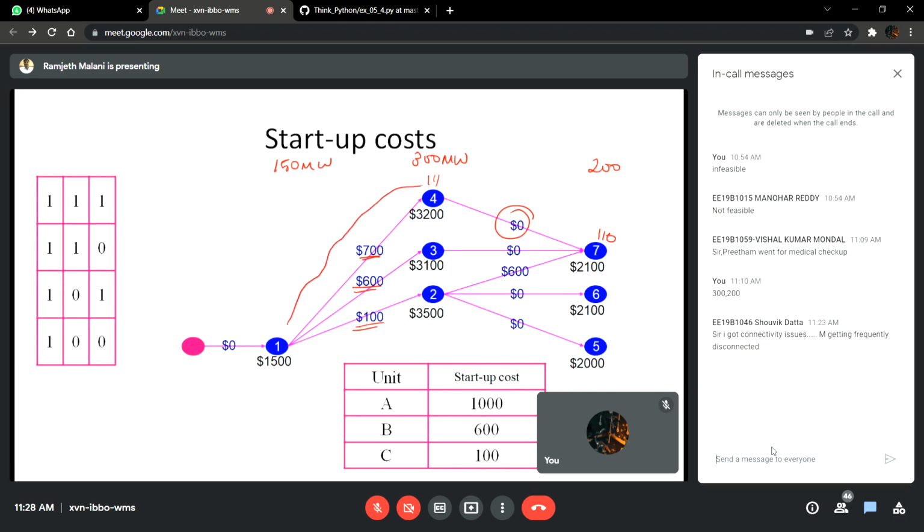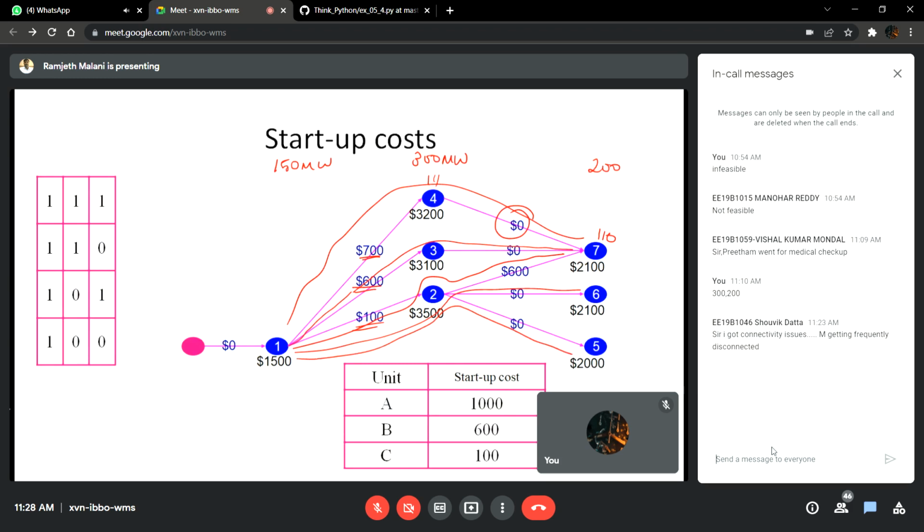This may be one path. This may be the other path. The third path may be like this. The fourth path may be like this. The fifth path may be like this.